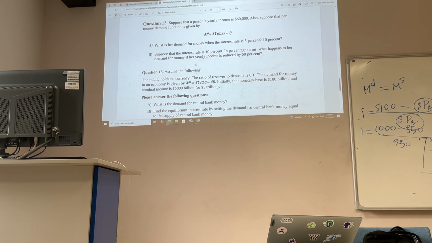Yes, correct. So, that's income, right? Income is given. 60,000.